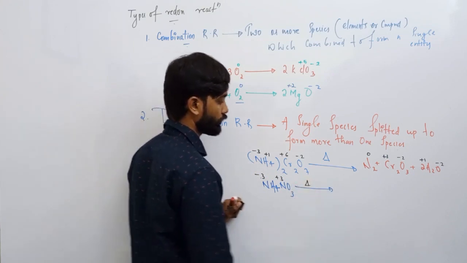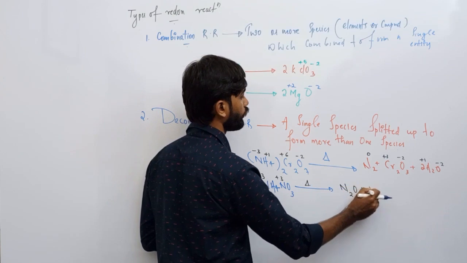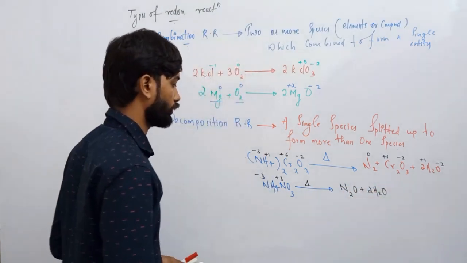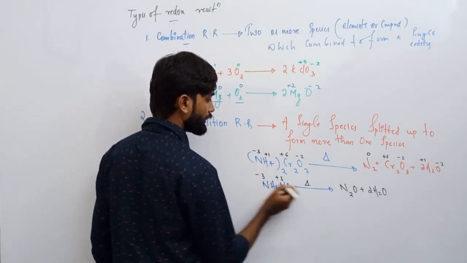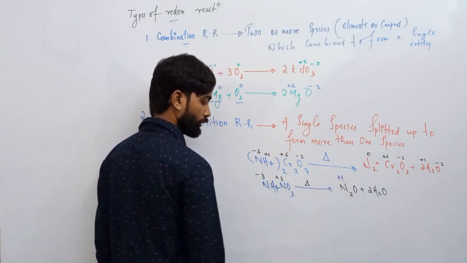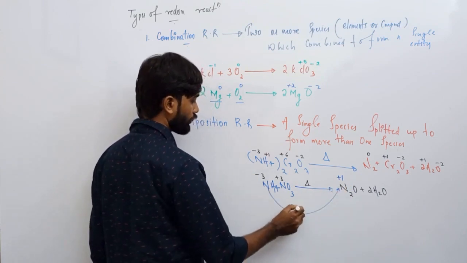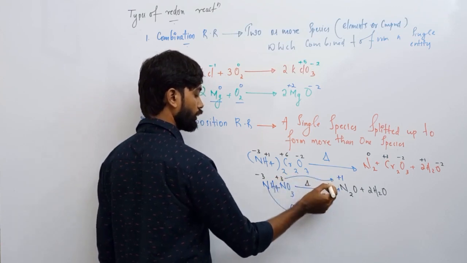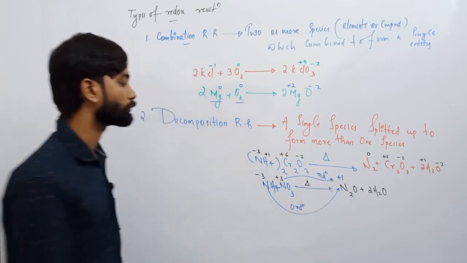On thermal decomposition, it becomes N2O and 2H2O. So -3 to +1 is oxidation, and +3 to +1 is reduction.